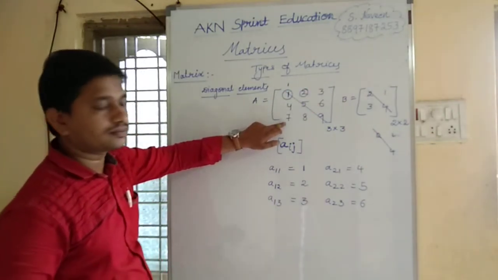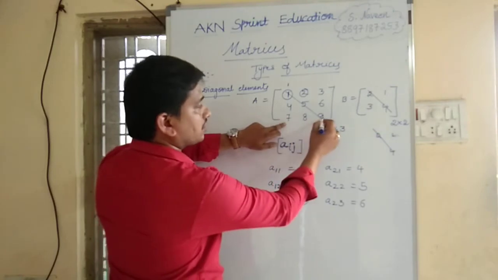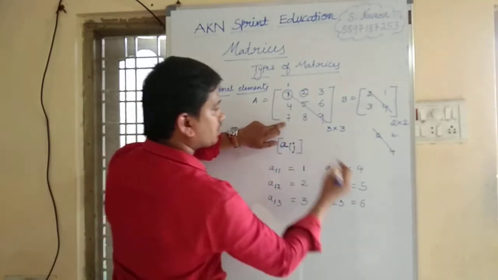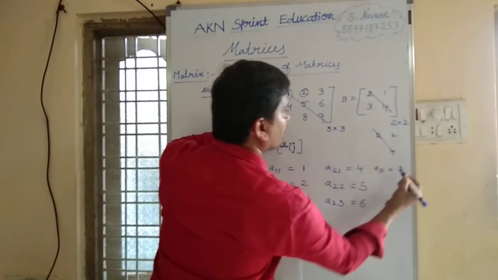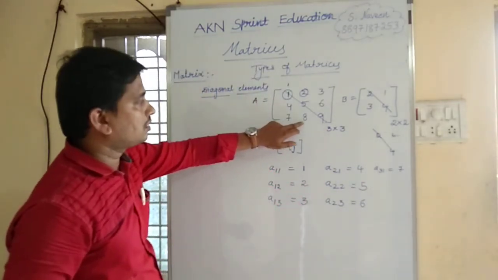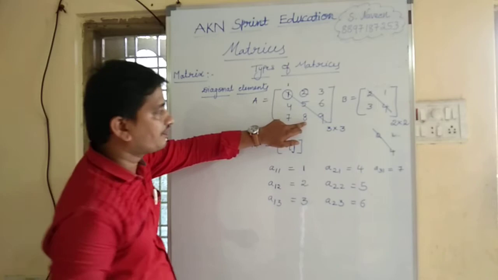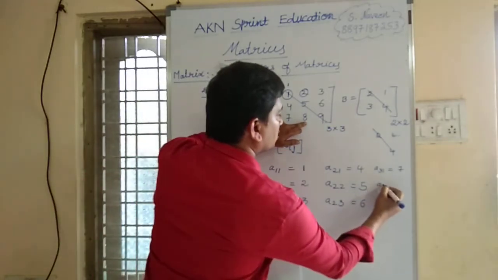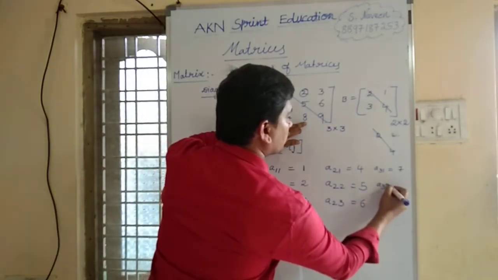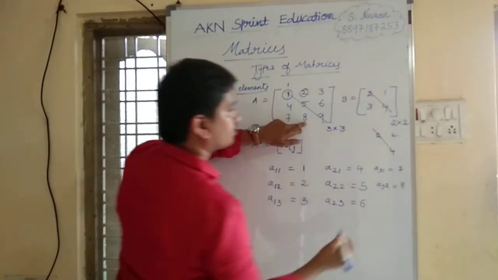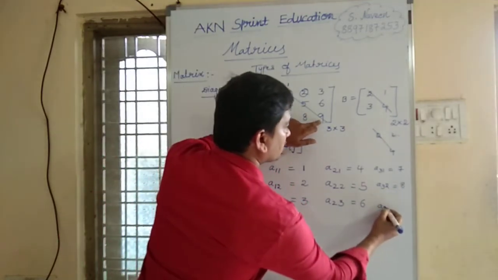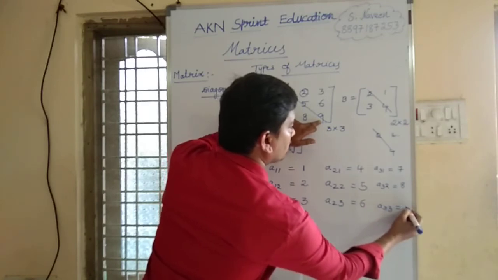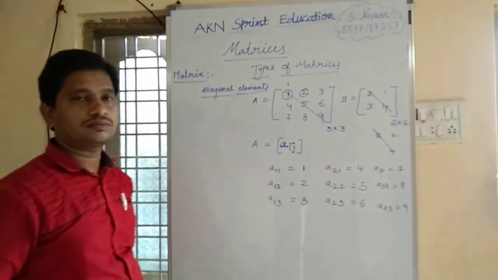Element 7 is in the third row, first column, so A31 is equal to 7. Element 8 is in the third row, second column, equal to 8. Element 9 is in the third row, third column, equal to 9.